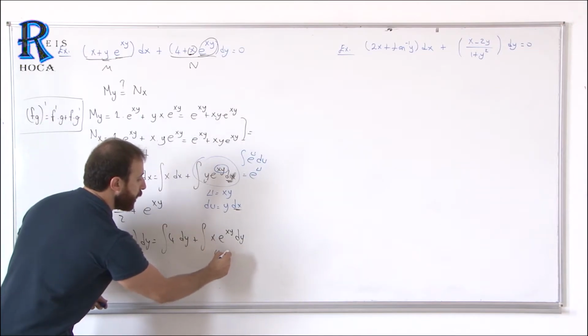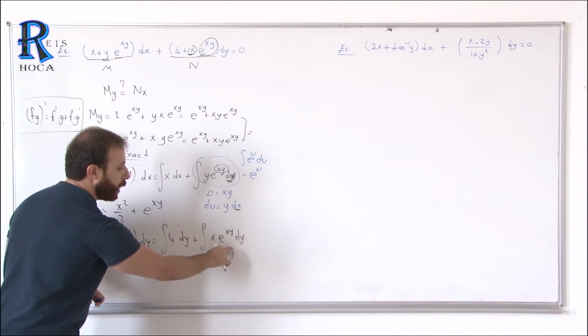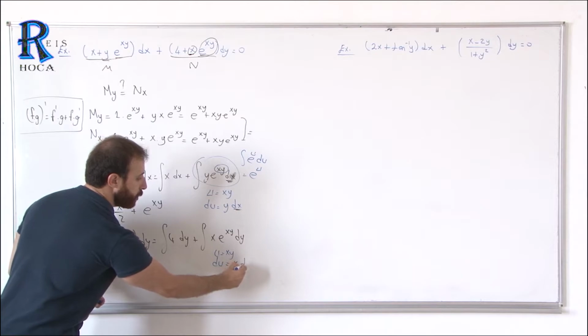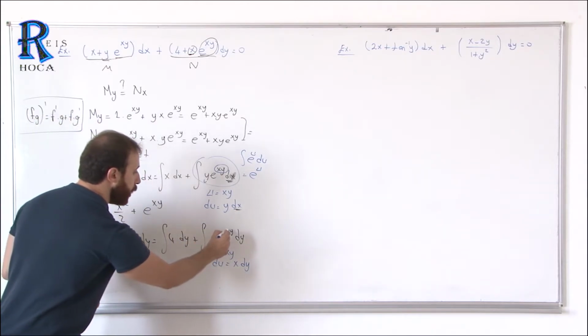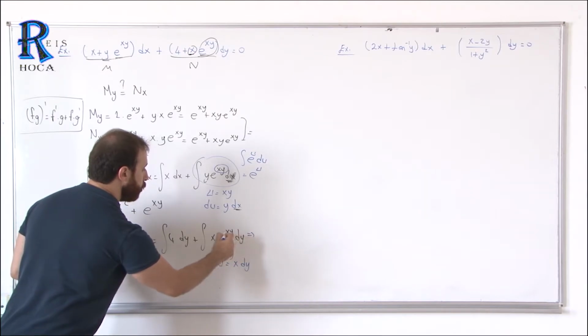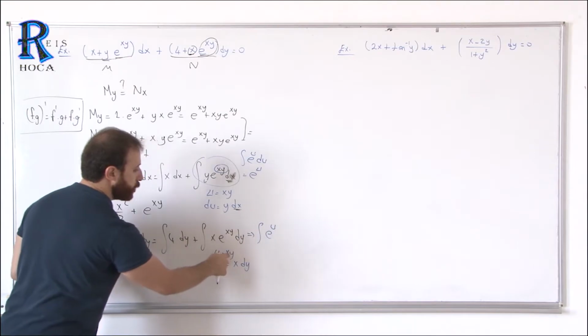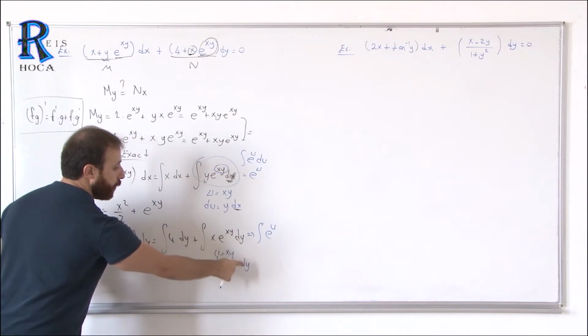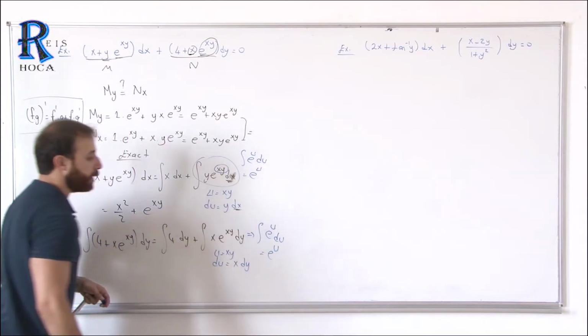Here u again is xy, du. Now we are taking with respect to y, x times derivative of y, 1, x dy. We took with respect to y now. So here look, e^u, because xy is u, x dy is du, the integral of e^u is again e^u.